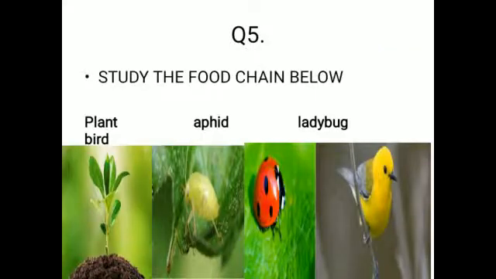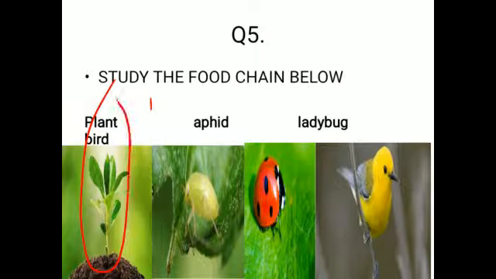The next question is, you study the food chain. The plant is getting its energy from the sun. It's converting this energy into food, the glucose, which is transformed into starch. Then the aphid, ladybird and bird are dependent on the food which is formed by the plant.